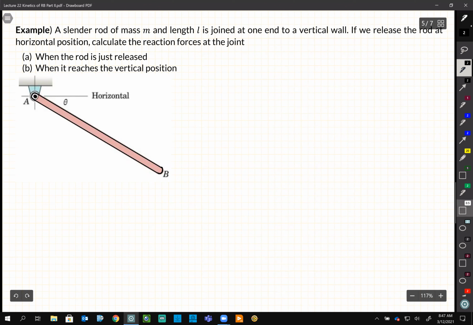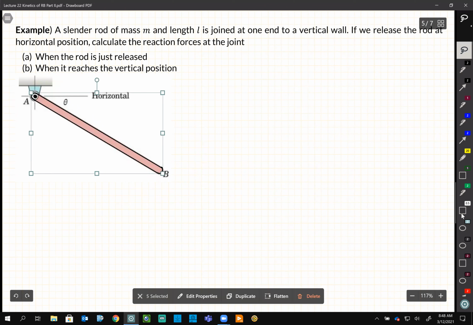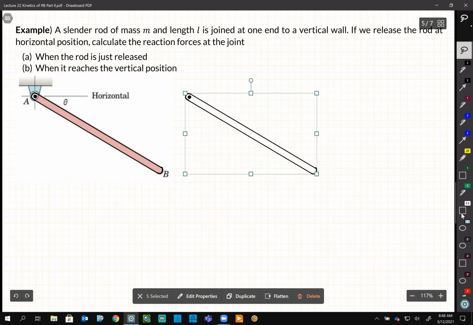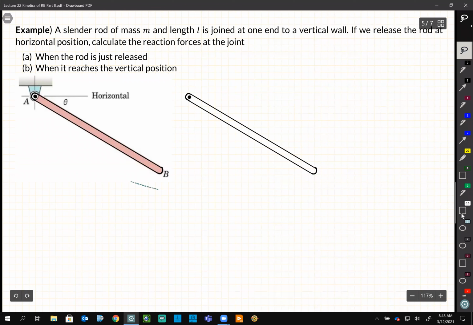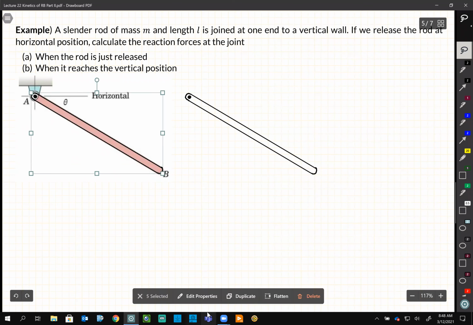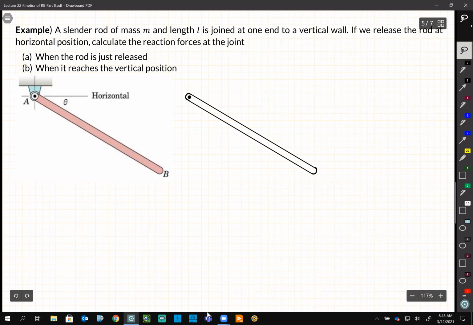So we want to then draw the force diagram and the acceleration diagram. Okay, so I'm going to draw the force diagram here.